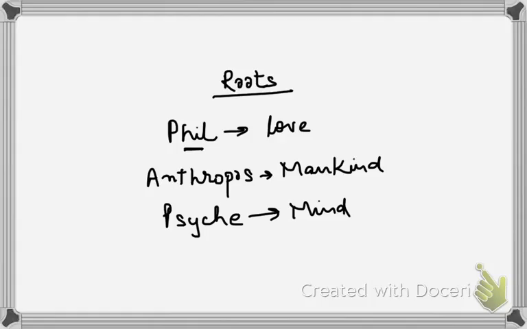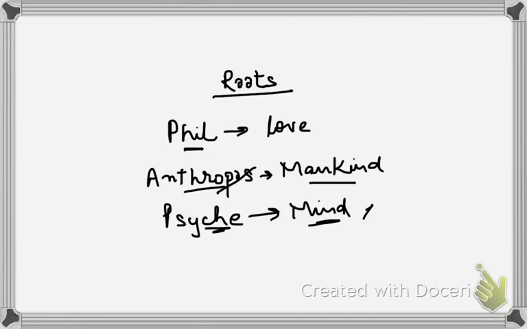Phil means love. The second one is Anthropos. Anthropos means mankind. Whenever you see anthro, it is always related to mankind. And the third one is psych, which always relates to mind. Whenever you see psychology or psychiatrist, you should automatically relate it to the human mind.